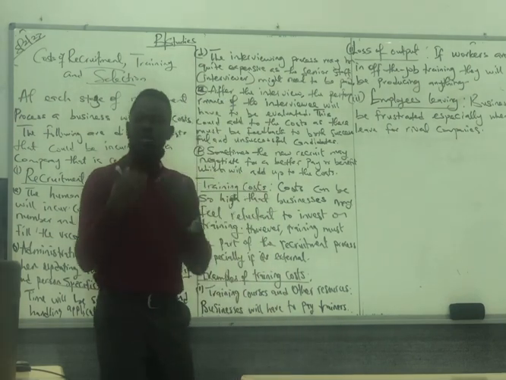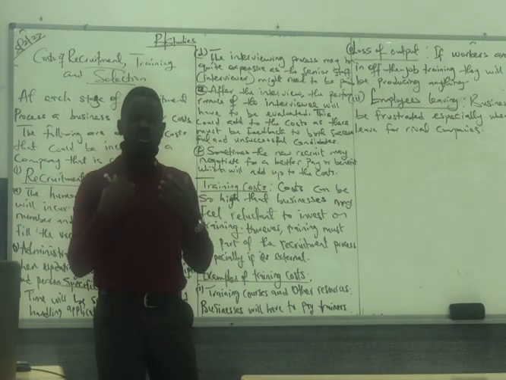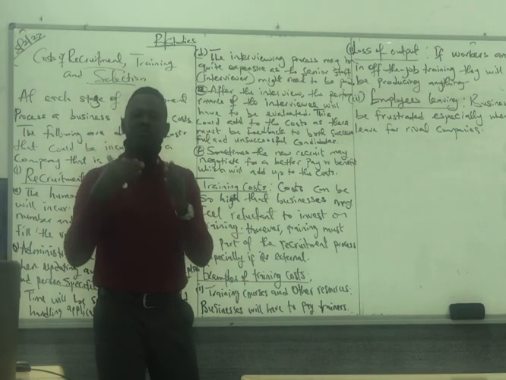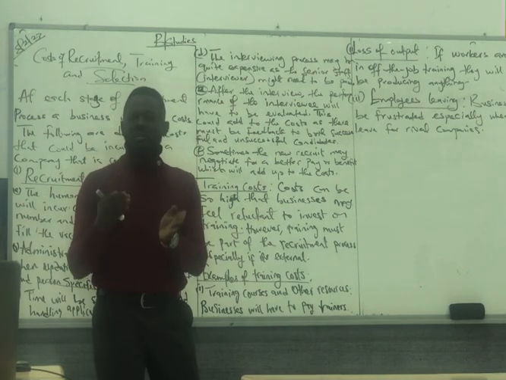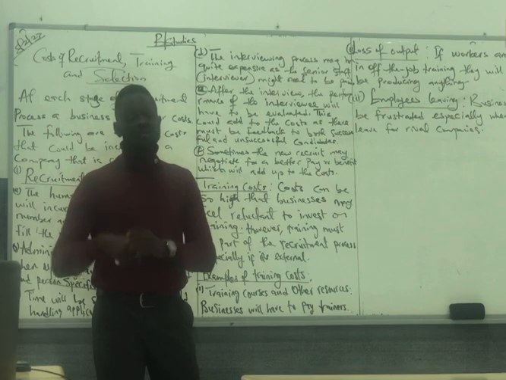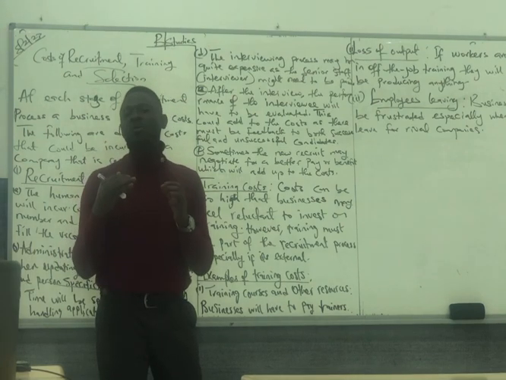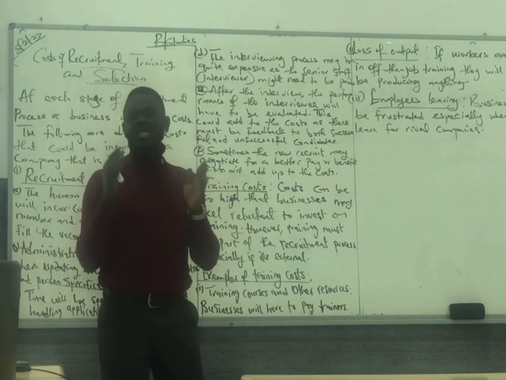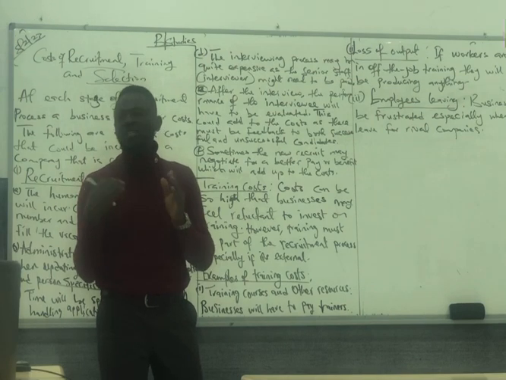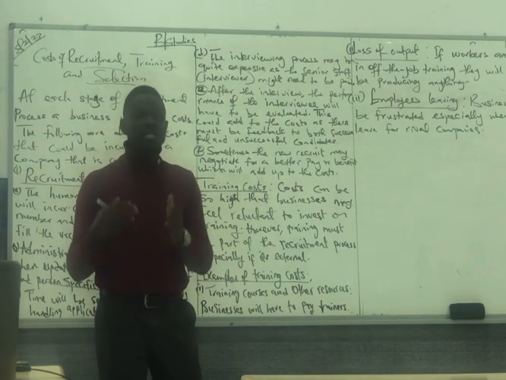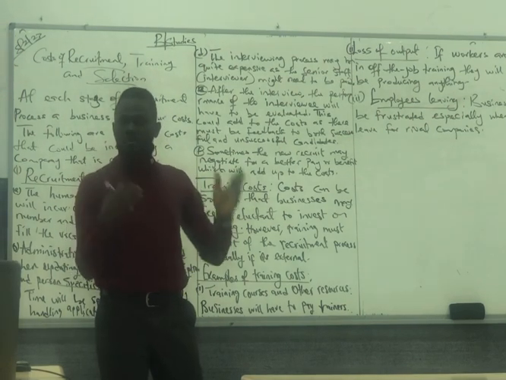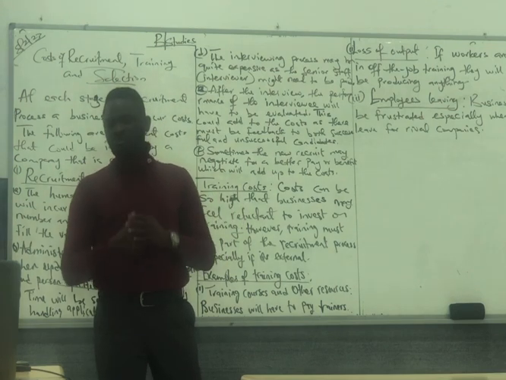When you are employing new employees into the organization, you have to train them on how the company is working. You have to train them on the operations of the company. Businesses might not want to do this because training is expensive, especially when it comes to off-the-job training. For off-the-job training, the business has to pay companies that are going to take charge of that training.